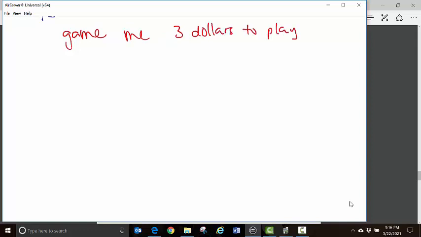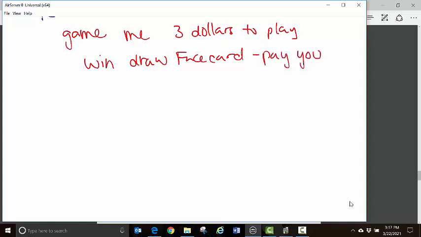You win if you draw a face card. And if you win, I pay you $50. If you don't draw a face card, I get to keep your money.